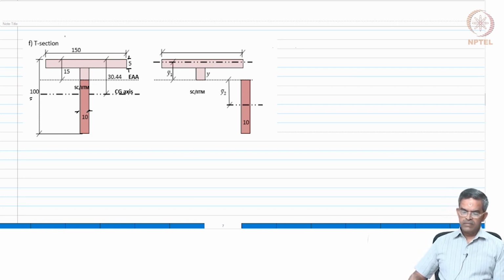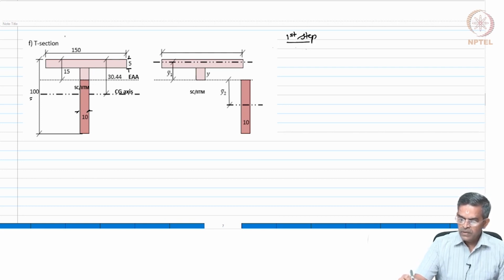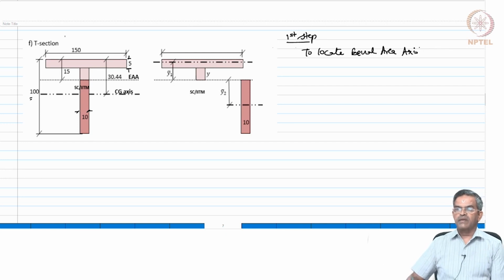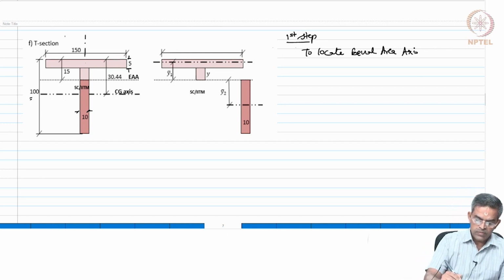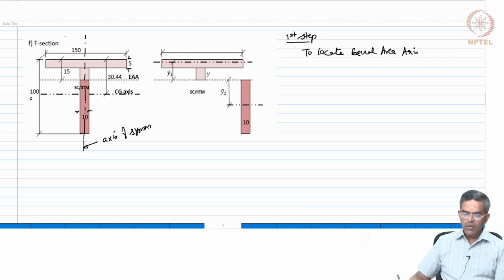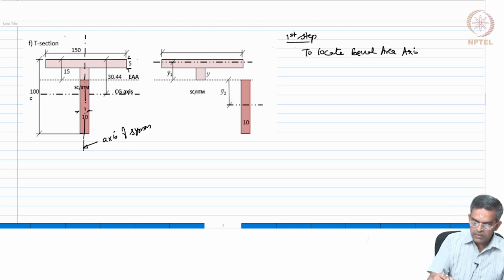Now, in this case, the first step is to locate the equal area axis. In the previous example, this problem was not there because there was an axis of symmetry. In this case, of course, you have a vertical axis of symmetry, there is no doubt, but I want to find what would be this value.